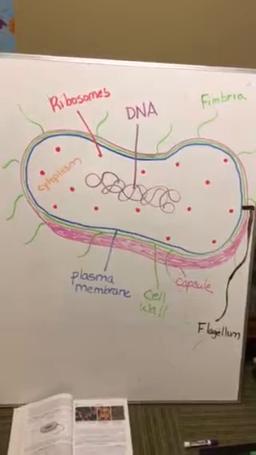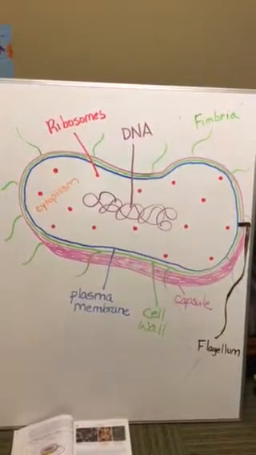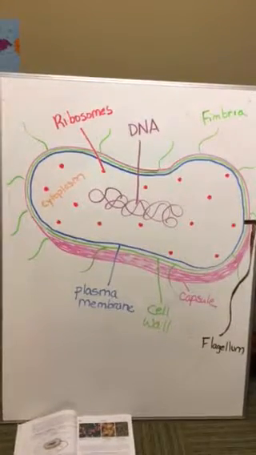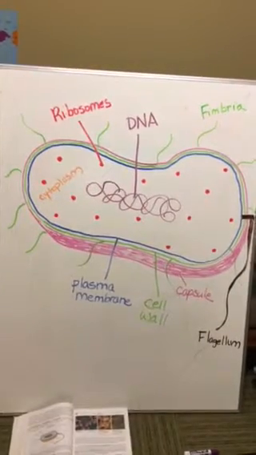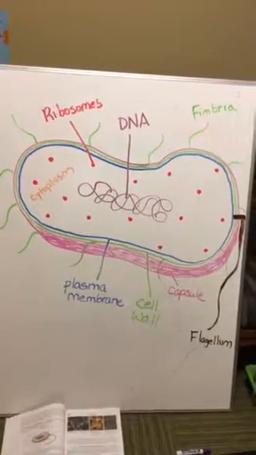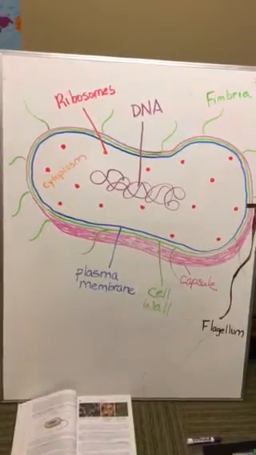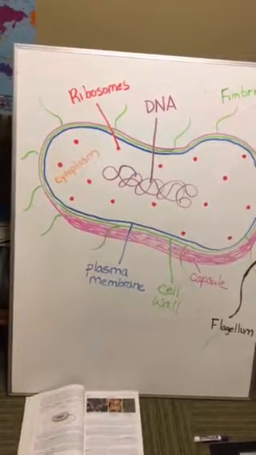The next thing I want to talk about is the cell wall. The cell wall, I drew it in green. The cell wall basically gives the cell of the bacterium the shape, and we'll talk about that in a minute. But we categorize bacteria based on whether they have a cell wall or not, and the consistency of their cell wall.